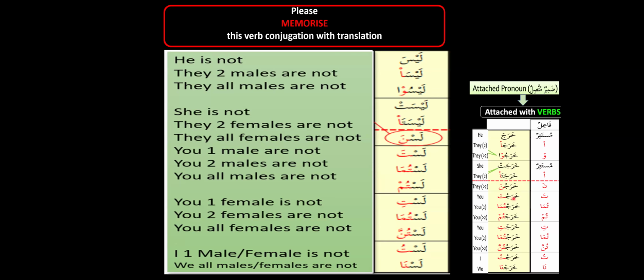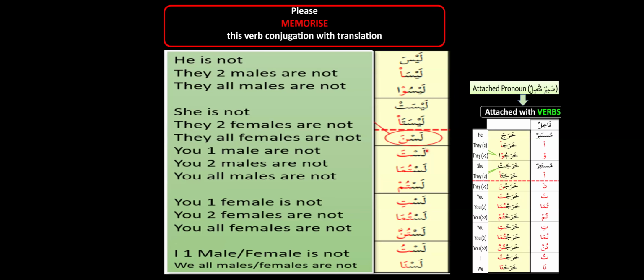But look, how many letters are there? Kharaja, all three letters, only one change is happening. When you say kharaja, the first form of the verb, all three letters have a fatha. But what is happening from the 6th onwards in the conjugation is that the last letter of the verb is getting sukoon.